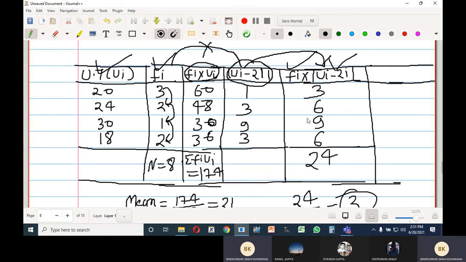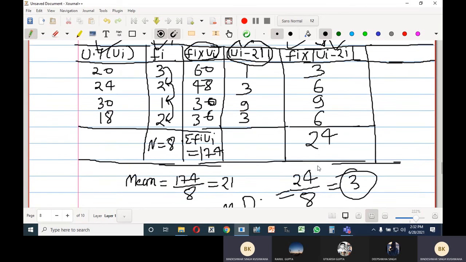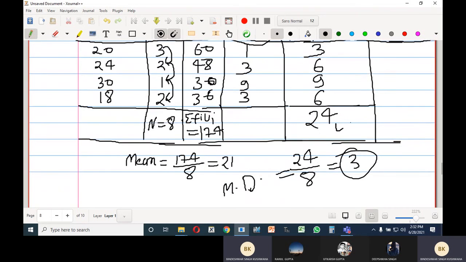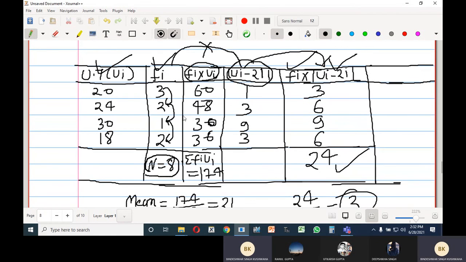Thereafter, you will divide it by the total number of observations. So you will require 5 columns to calculate mean deviation for a discrete frequency distribution.